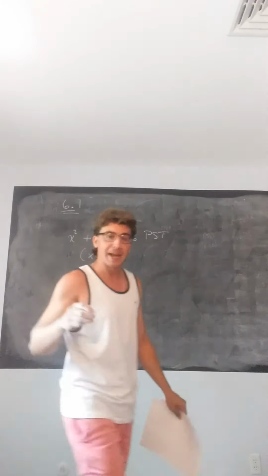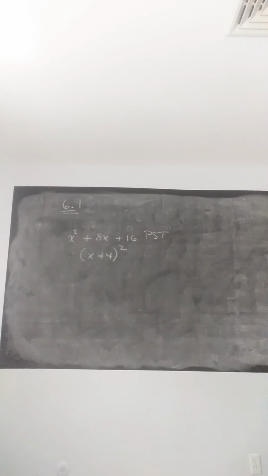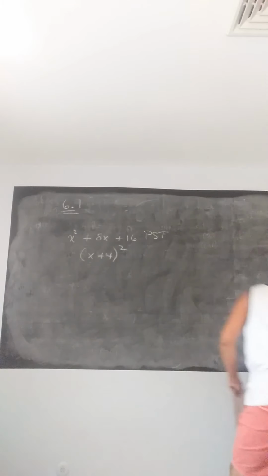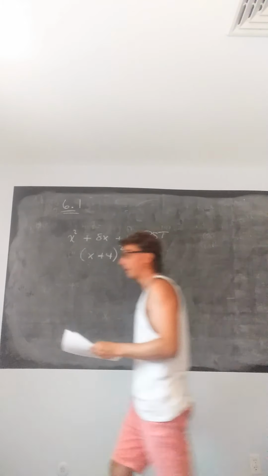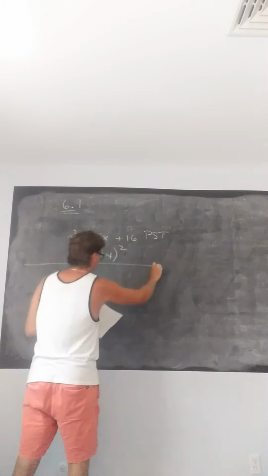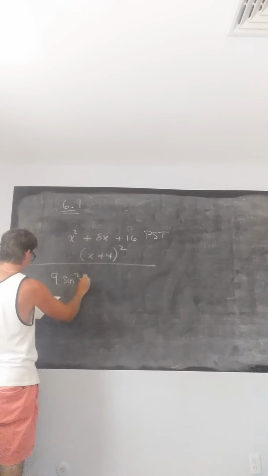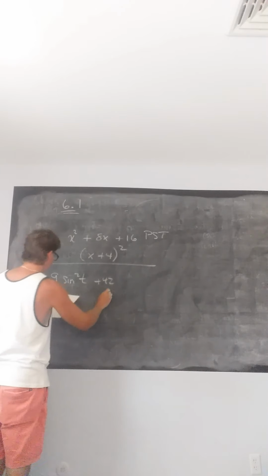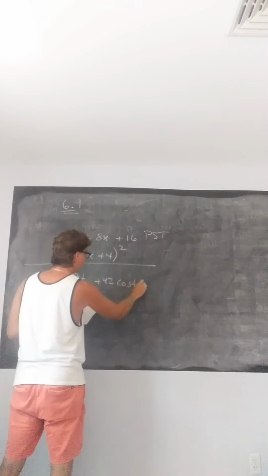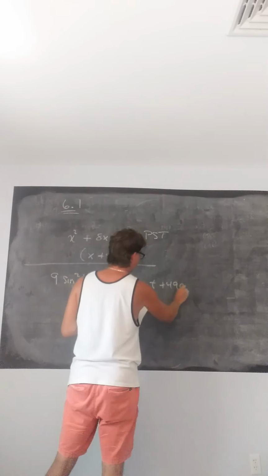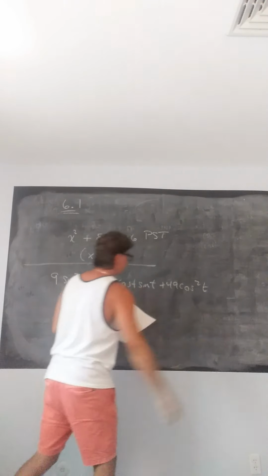The same idea happens here in trig. So let me write it underneath here so you can see the parallel. Here's a problem: 9 sine squared t plus 42 cos t sine t plus 49 cos squared t.